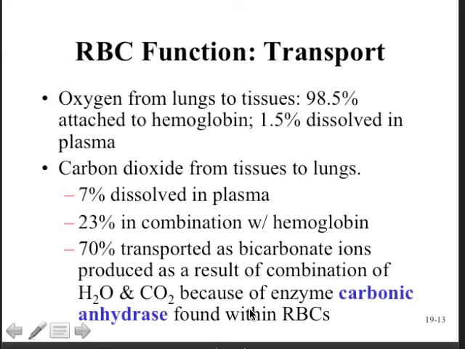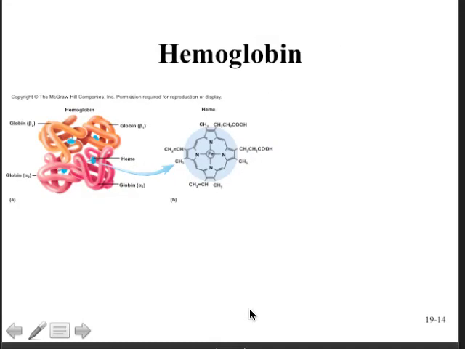All right, so you can think of hemoglobin as a flexible transport molecule that is going to respond to changes in the concentration of these gases in a way that enhances the transport of oxygen to metabolically active tissue and the transport of carbon dioxide away from it. Hemoglobin is a combination of protein and a cofactor called heme.